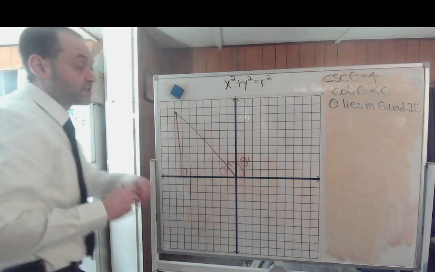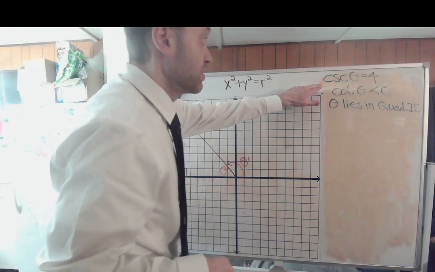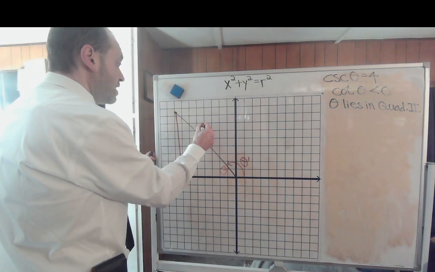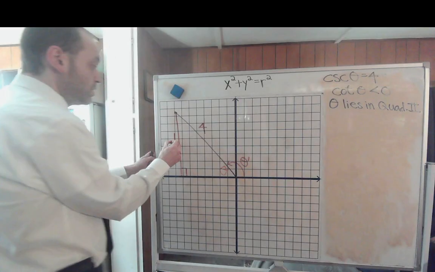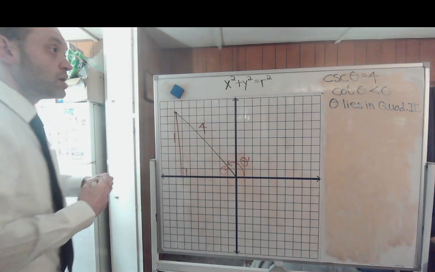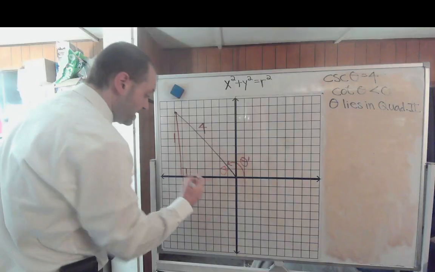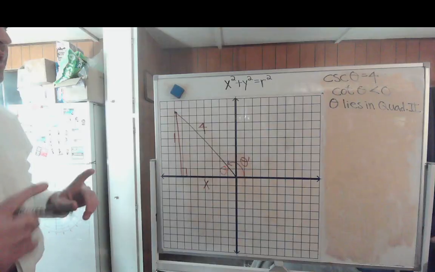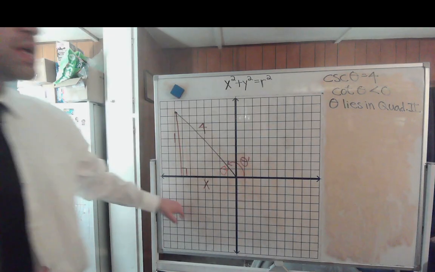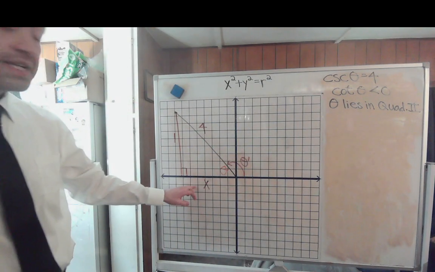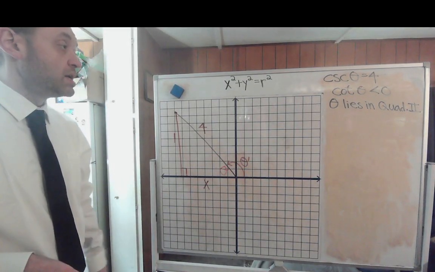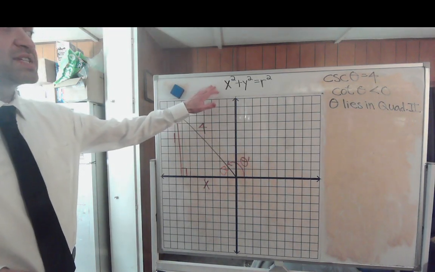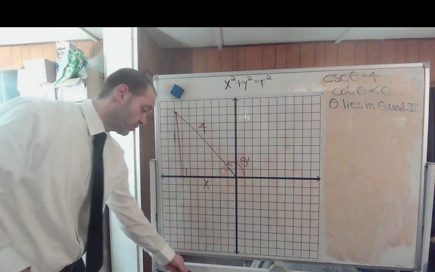Okay, so if the cosecant's positive 4, so that's hypotenuse over opposite, that would be 4 over 1. What we don't know is our x. We don't have a clue what our x is. But we do know this: if the angle lies in quadrant 2, the x has to be negative. So when we use this formula to solve for x, we're going to have to take the negative square root of whatever we get.